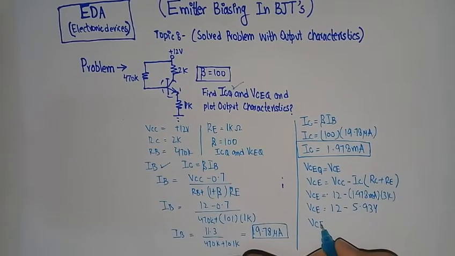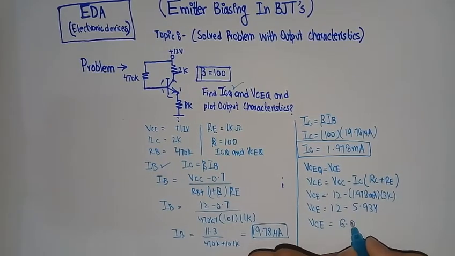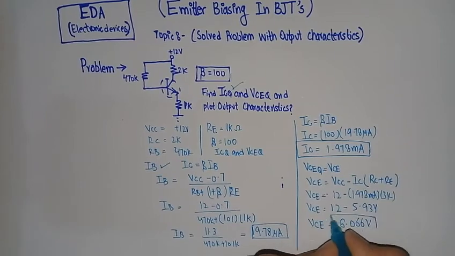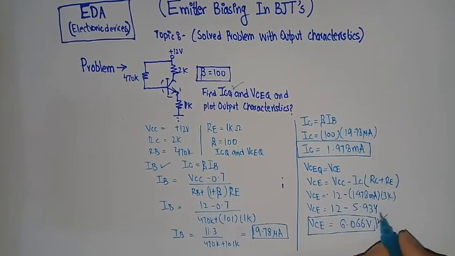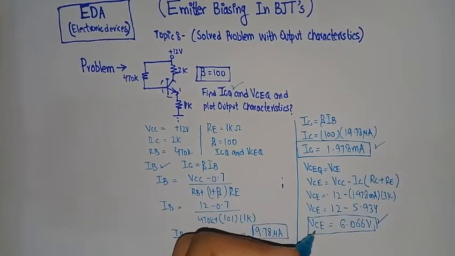So the answer of VCE will be equal to 6.066 volts. So we are done with IC and we are done with VCE.